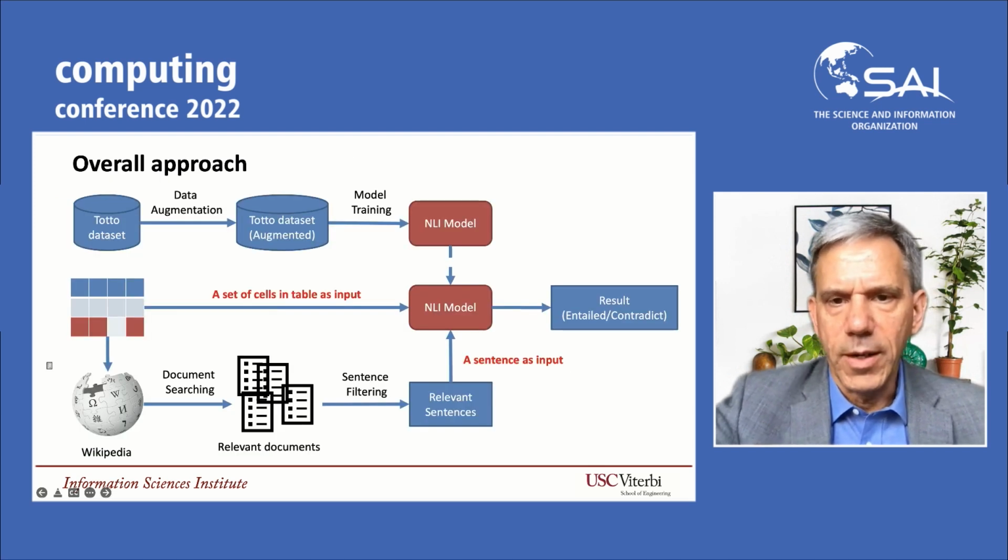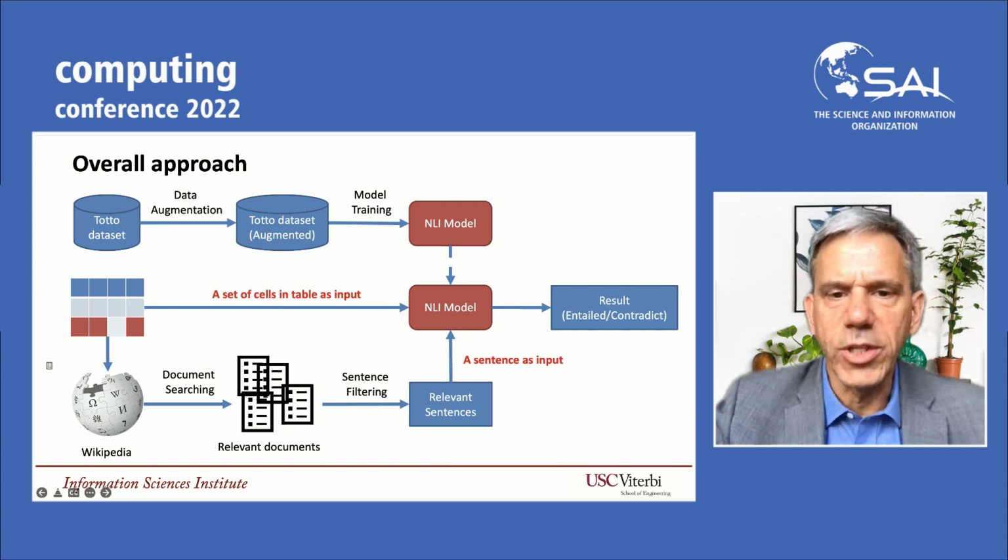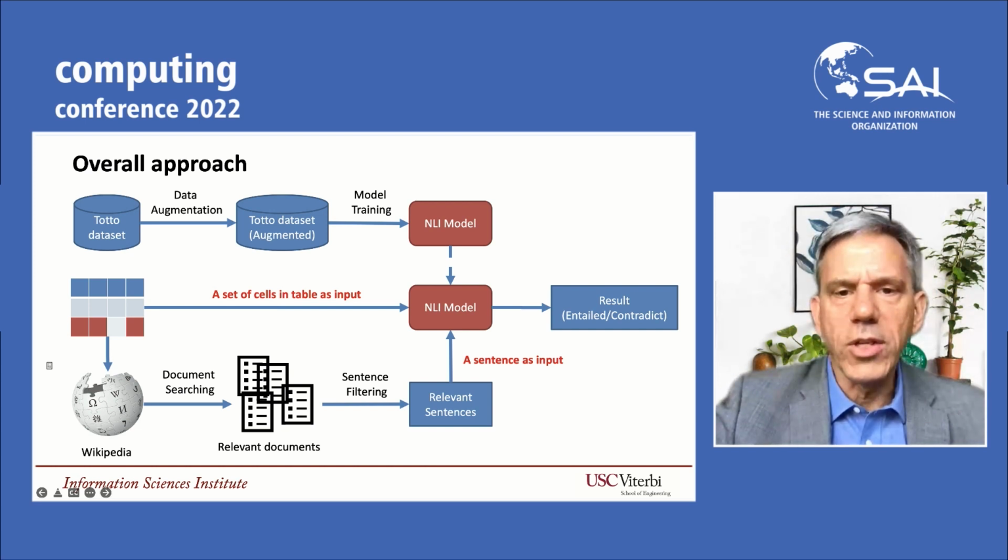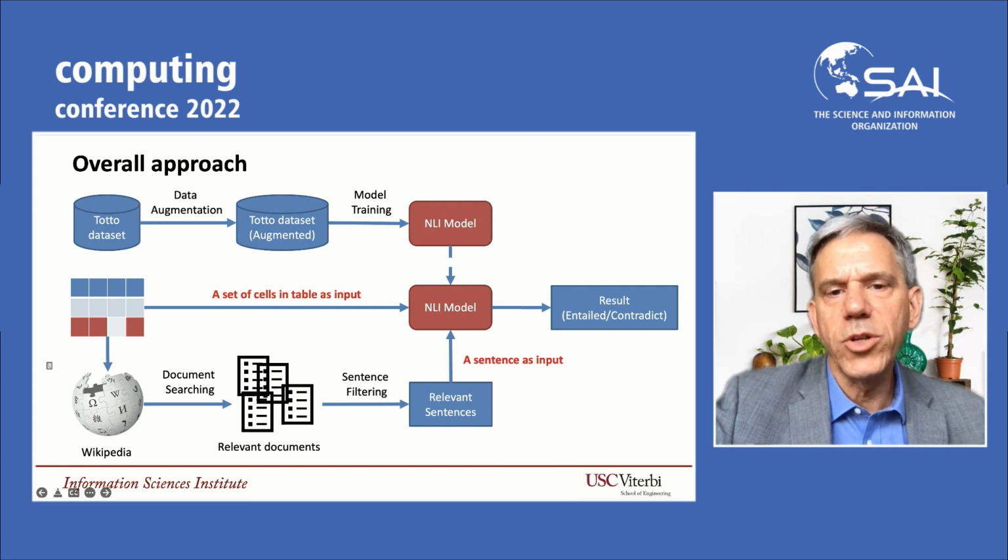Okay. So here's their overall approach then. The top line basically involves training the machine learning model that we use to actually determine whether or not there's a conflict. To do this, we need some training data. It turns out that there's a nice data set out there called ToTTo.